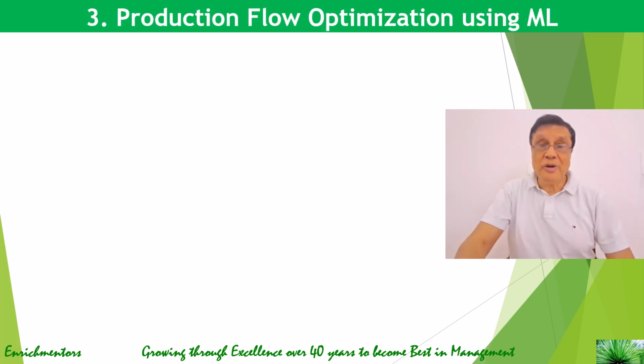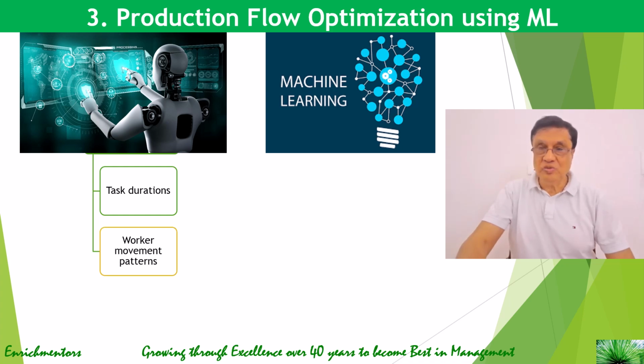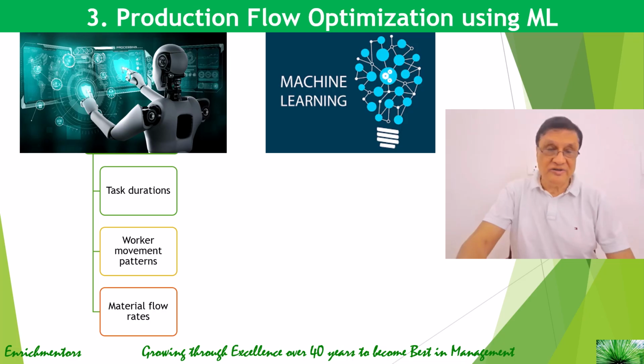Then you can optimize the production flow using machine learning, where you use historical data to model task duration, worker movement patterns, and material flow rates.